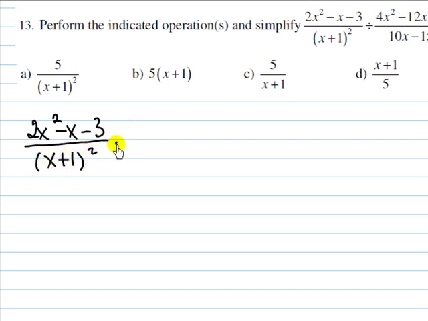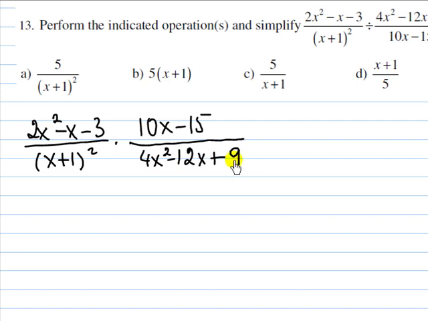We're going to change division to multiplication and take the reciprocal of the second fraction, i.e. just flip it. So we are going to have 10x minus 15 over 4x squared minus 12x plus 9.